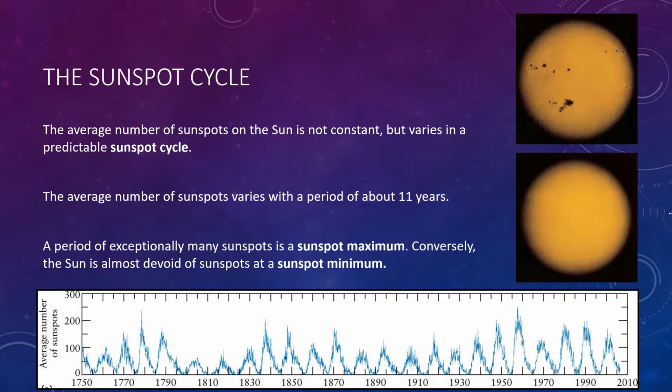In contrast, we may see few if any sunspots at the time of sunspot minimum. The frequency of prominences, solar flares, and coronal mass ejections, which we'll discuss in just a moment, also follows this cycle, with these events being most common at solar maximum and least common at solar minimum. The length of time between maxima averages 11 years, but we have observed it to be as short as 7 and as long as 15 years.